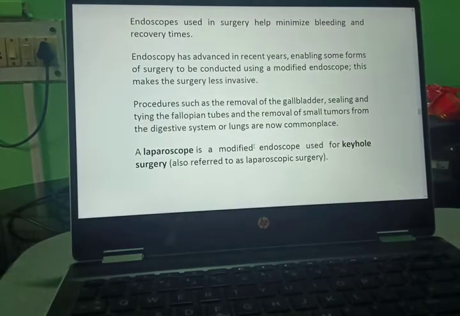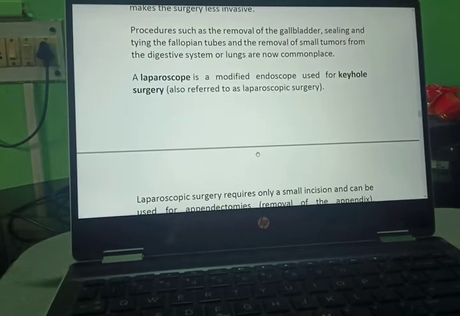Endoscopy has advanced in recent years, enabling some forms of surgery to be conducted using a modified endoscope. This makes the surgery less invasive. Procedures such as removal of the gallbladder, sealing and tying of the fallopian tube, and the removal of small tumors from the digestive system or lungs are now common.